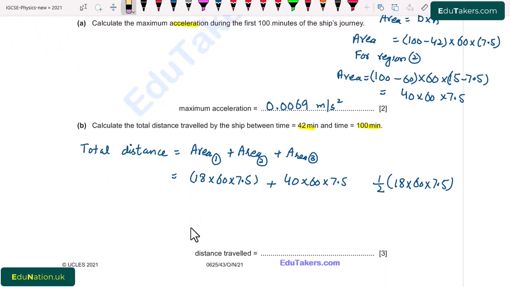Here is a plus sign. So the total distance comes to be 48,000 meters. I write here it will be 48,000 meters.